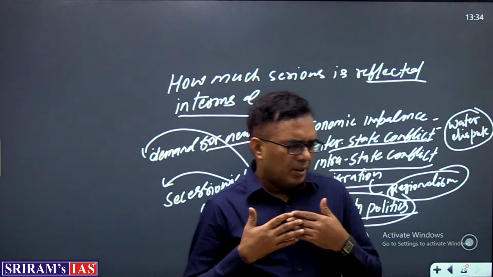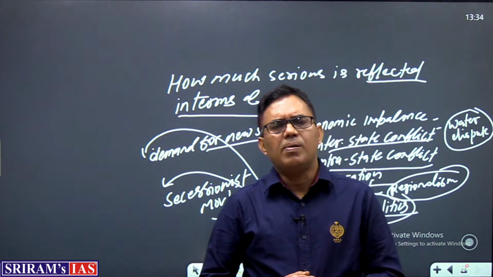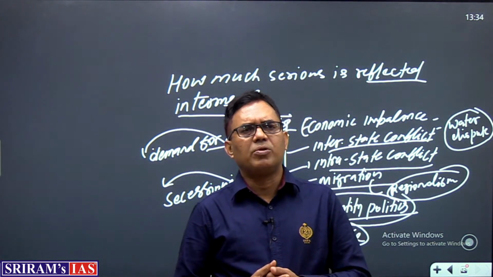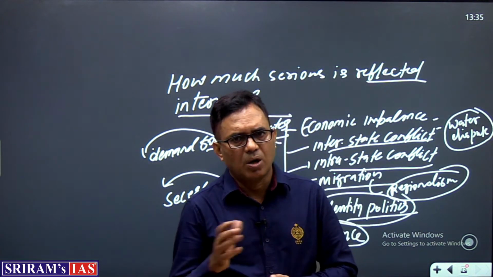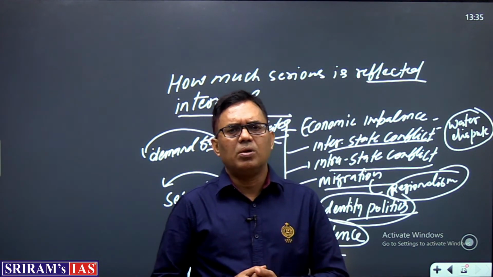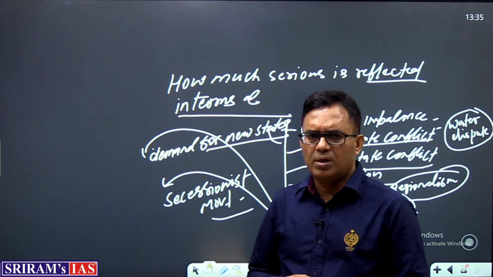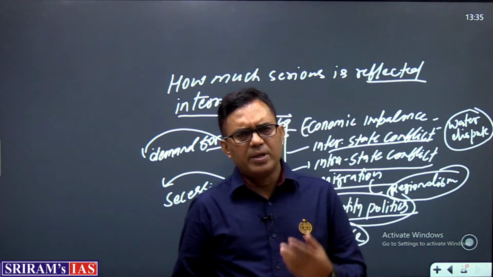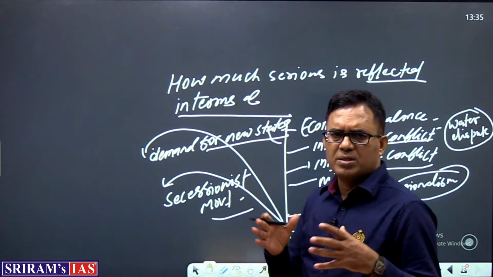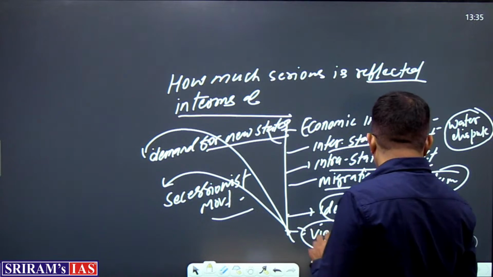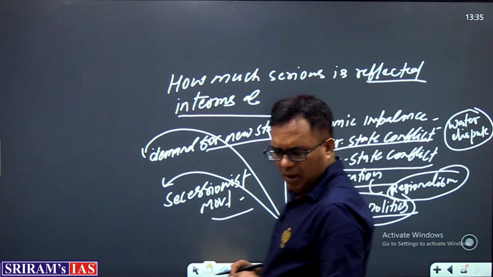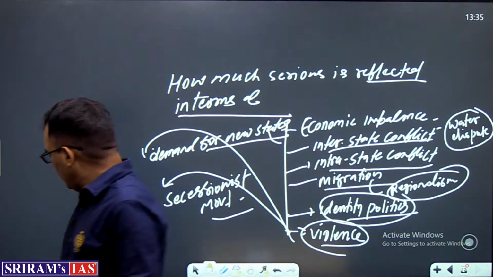So the problems could be addressed in terms of the idea of inclusive growth, the role of the National Integration Council, and the important role of the Interstate Council. These are the bodies which play a very important role to bridge the gap between the different states. Hence, we can write like this. Now, this question is done.